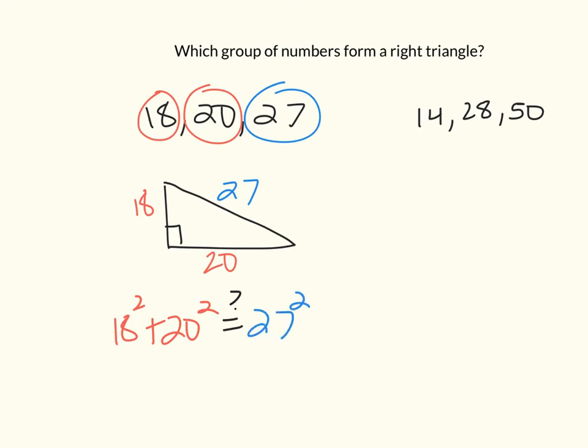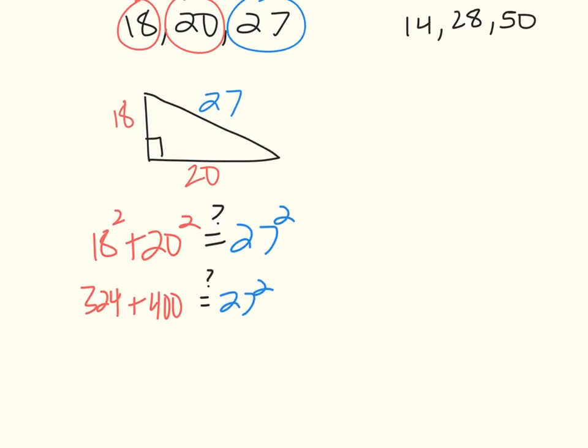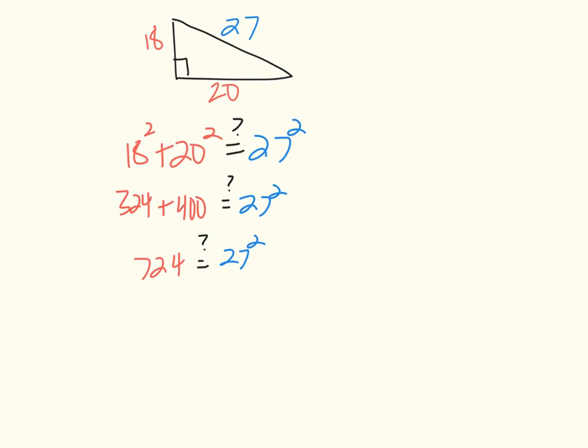And let's see, 18 to the power of 2 is 324. 20 to the power of 2 is 400. And my question is, does that have the same value as 27 to the power of 2? 324 plus 400 is 724. Does that have the same value as 27 to the power of 2?